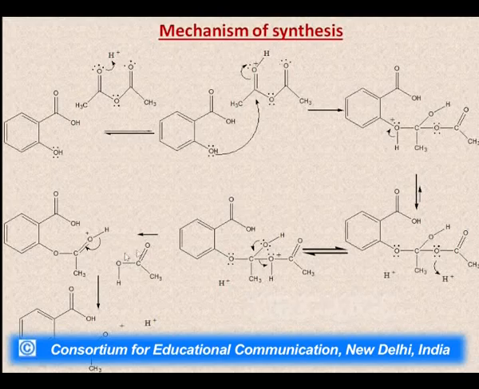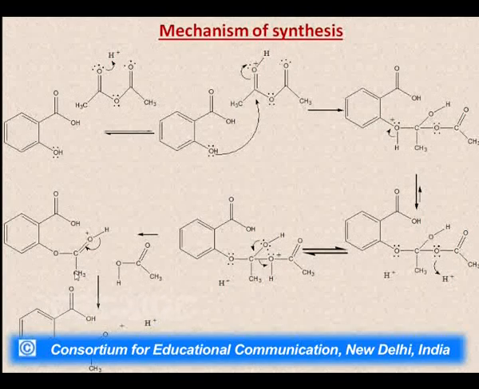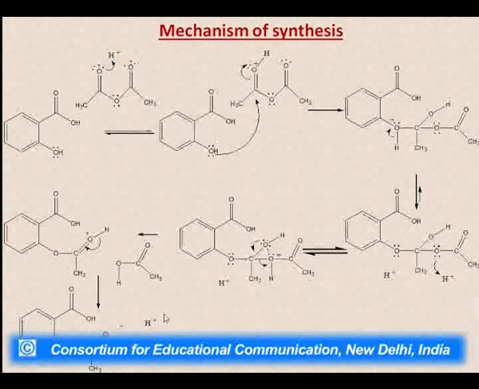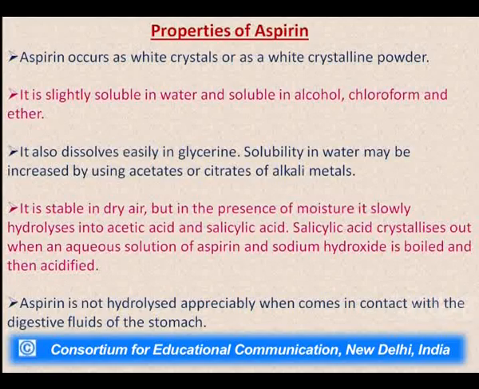Then it loses acetic acid and forms the acetylation of the hydroxy part, and we get acetyl salicylic acid, which is known as aspirin. And the proton which is lost here recycles the reaction, and we get aspirin in a larger amount.